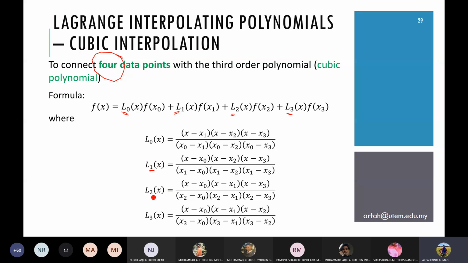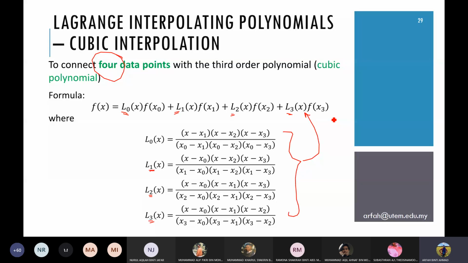And L2x untuk coefficient yang kedua, x minus x0, x minus x1, x minus x3, x2 minus x0, x2 minus x1, x2 minus x3. Okay. And then L3x, x minus x0, x minus x1, x minus x2, x3 minus x0, x3 minus x1, x3 minus x2. So find all of this point and substitute in the formula for the cubic Lagrange interpolation.